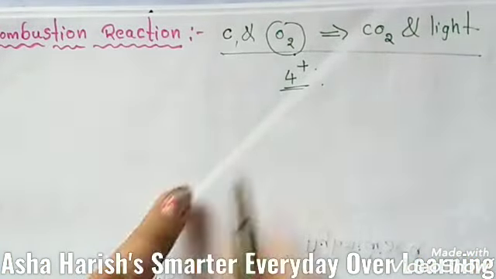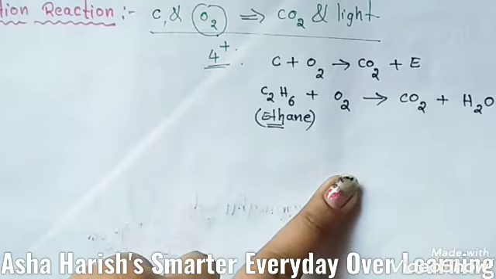If you heat this compound in the presence of oxygen, it is a combustion reaction, so there is a need of oxygen. It is the molecule of ethane. C, carbons are 2 and the root word is eth. So here what are the products? Carbon dioxide must be there, and along with that H2O also.